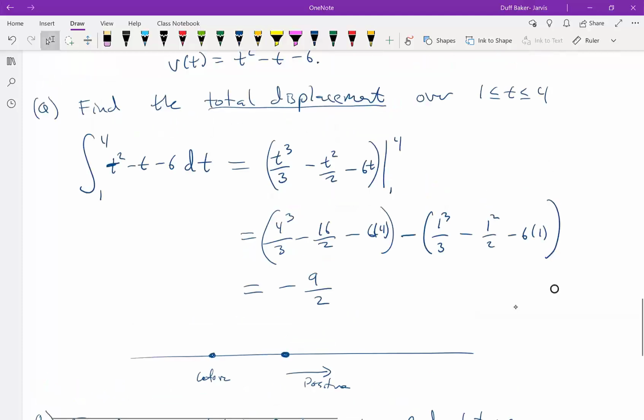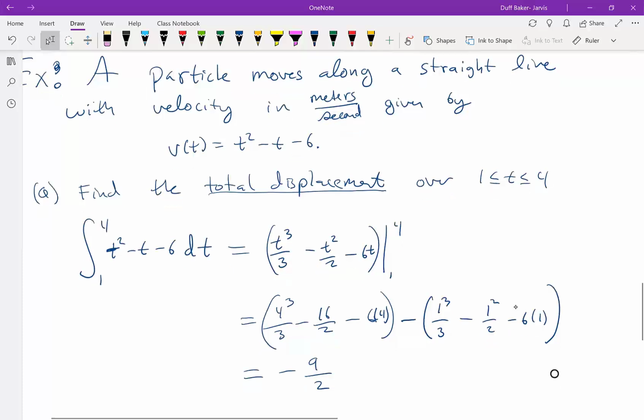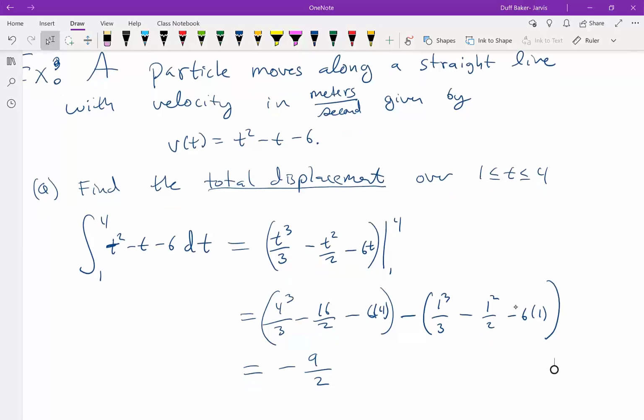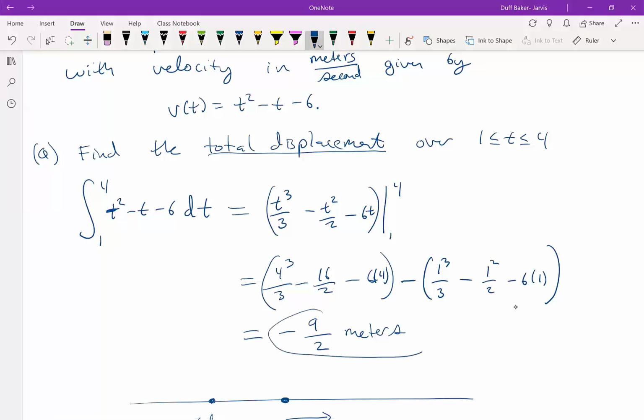And the units here, well, if we're integrating a velocity, that should tell us about a change in position. So that should have units of position, which should just be meters. Or you could think about it like we did before: if we integrate velocity, that'll be the units of velocity, meters per second, times the units of the inputs, which is time. So meters per second times seconds is just meters. So that's the total displacement.